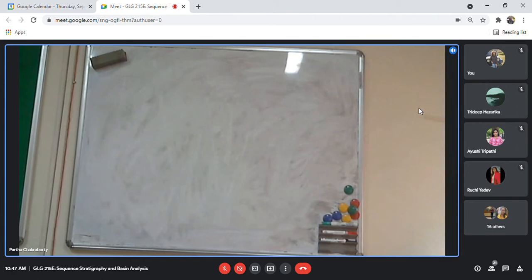Sometimes again slow, high. So base level is always rising, never falling, sometimes at a slow rate, sometimes at a fast rate, and you are keeping the sediment supply constant. So if the sediment supply is constant and base level is increasing, sometimes at slow rate, sometimes at fast rate, I will only be getting normal regression and transgression, normal regression and transgression.